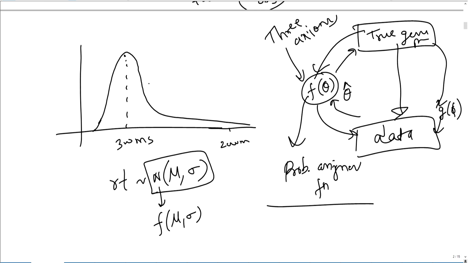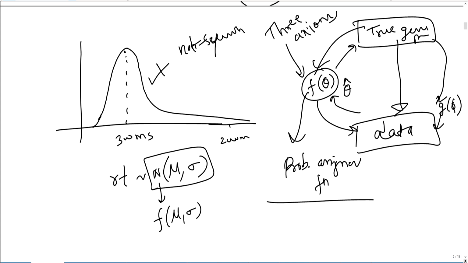But does this distribution look symmetric to you? No, it's not symmetric. It is skewed on the right hand side. So, the normal distribution or this Gaussian process assumption cannot be a very reasonable assumption for the reaction time data.